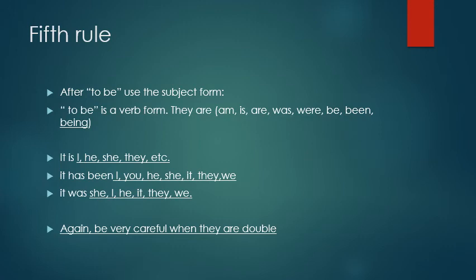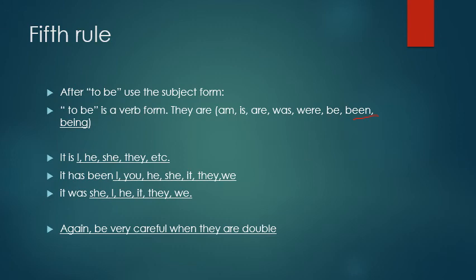Alright? Good. After to be, use the subject form. That's the fifth rule. After the verb to be, use a subject form. To be is a verb form: is, are, was, were, be, been, and being. Next time, we're going to deal with how to use being and being. Now we have it is I. Look at it.